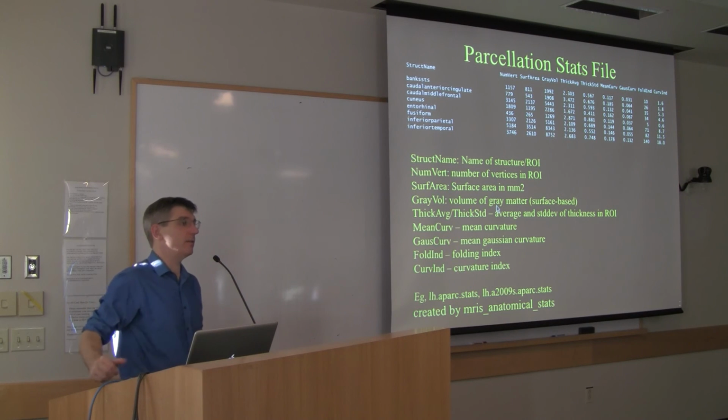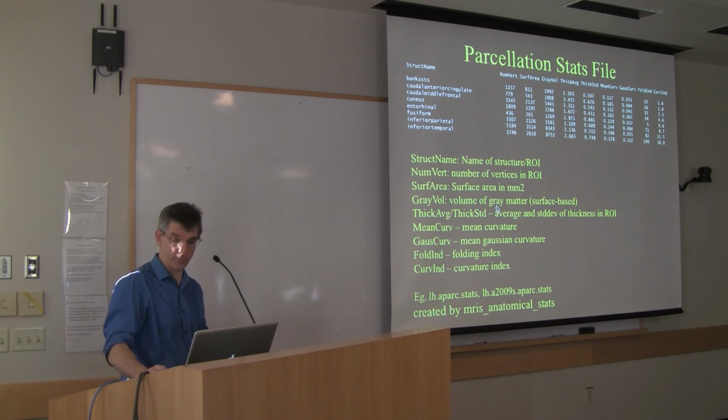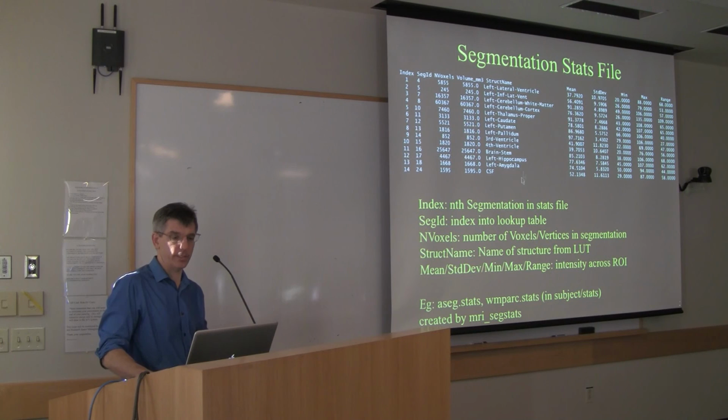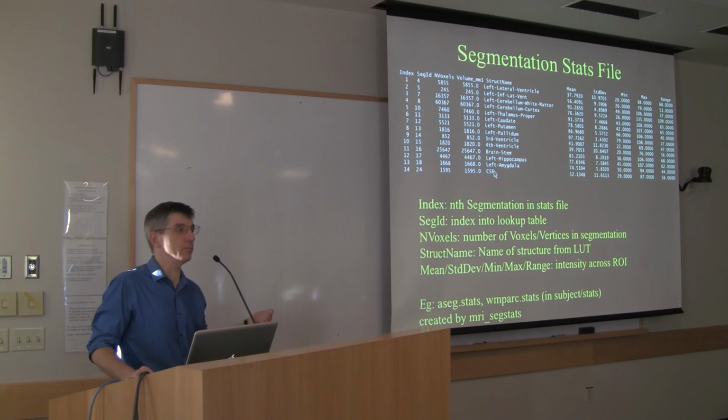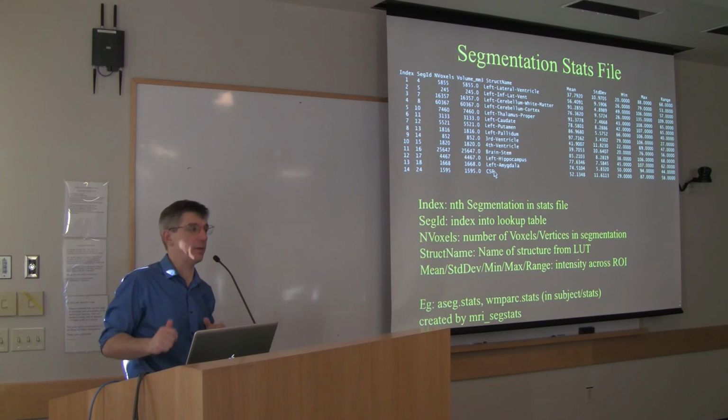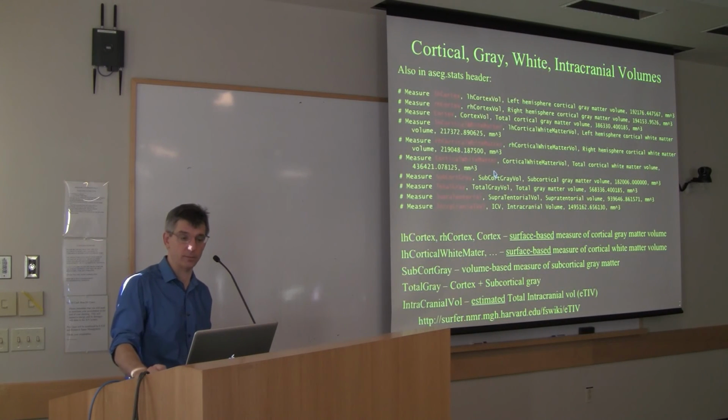Okay, so that was the ASEG file, and if you look in the ASEG file, you can't see it here, but you can see that there are all these left lateralized structures, but the right ones are also in there as well. So the volume of left hippocampus and the volume of right hippocampus will both be inside of these ASEG files.